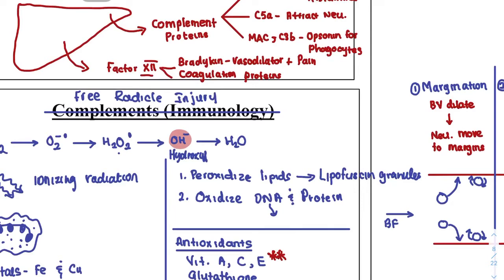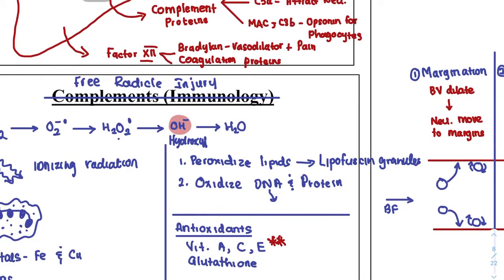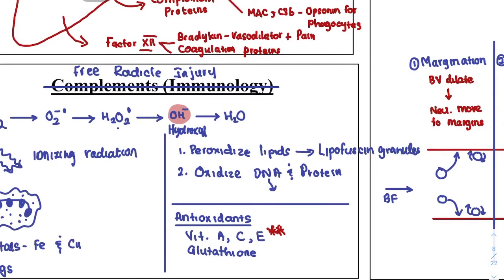It goes and creates a hole in the membrane, allowing water to go inside and cause the cell to swell and burst. Then we have C3b. It also does a similar function, and these are also opsonins for phagocytes. Kind of tags these damaged cells or the infective organism and calls phagocytes.